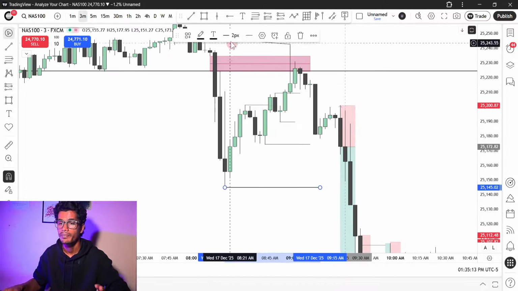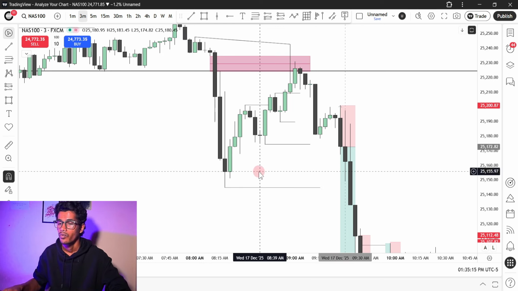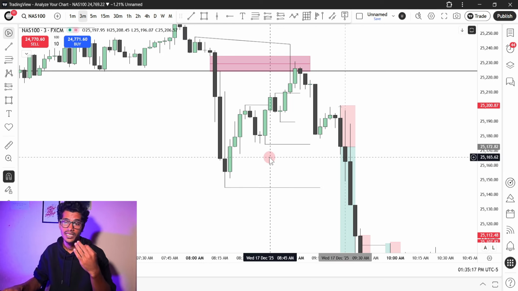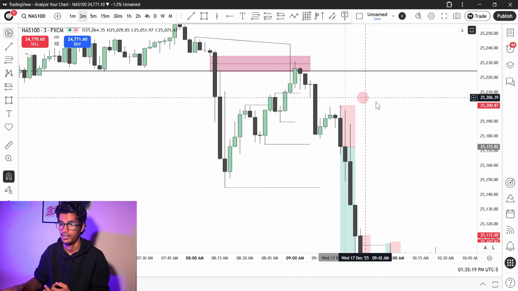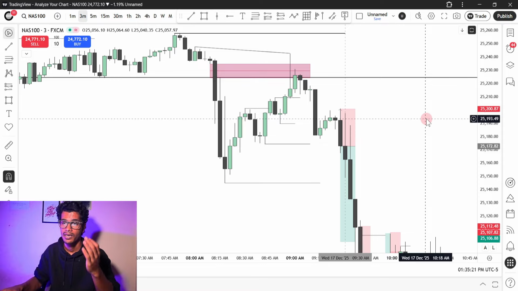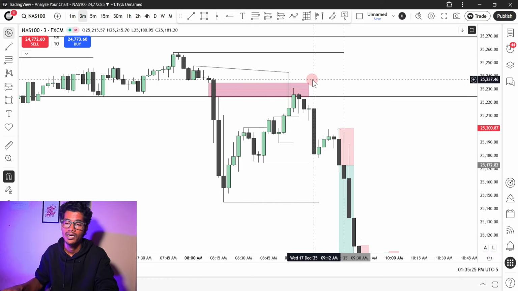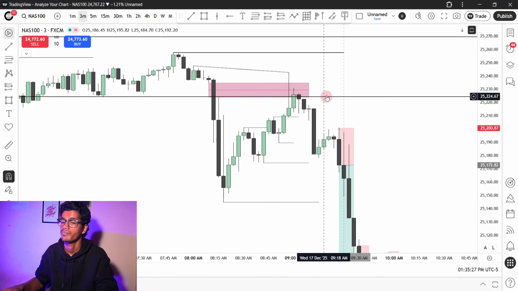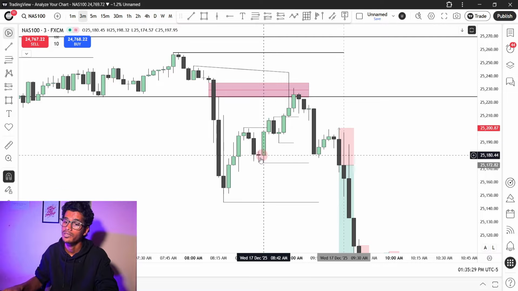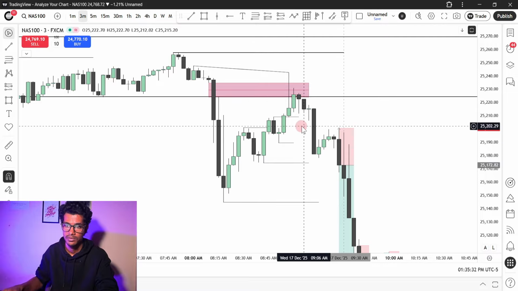And when price does that, it's engineering sell side liquidity and trapping buyers, thinking that price is in a bullish trend and will keep going higher without violating any lows. And we as ICT traders think the opposite. We use that as liquidity to decide where the market is probably going to go.